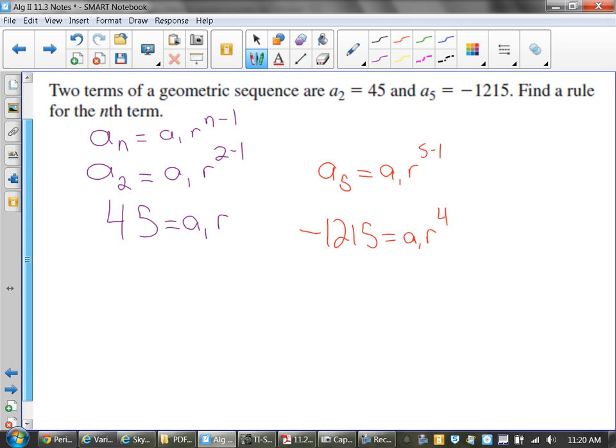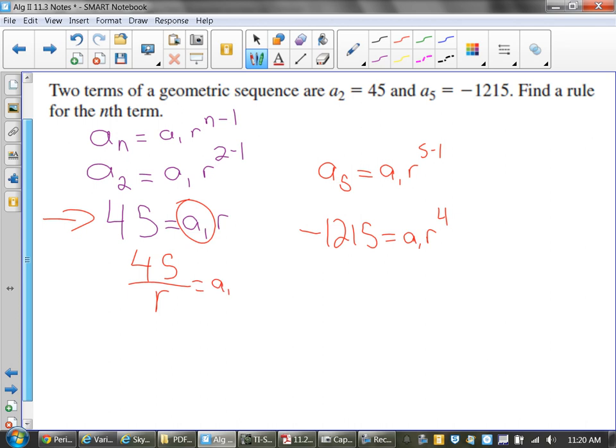This is the only step you have to make sure you always do the same. Take the first equation that you write out, solve it for a sub 1. Do that every single time. Always, always, always. Therefore, 45 divided by r is the first term.